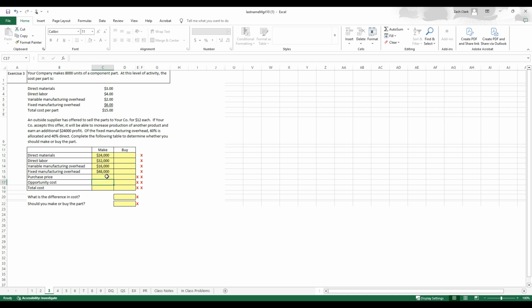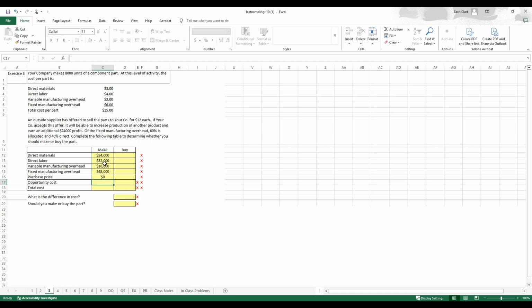And let's see here, purchase price. That's going to just be in the buy column, so we'll put a 0 there for now. Opportunity cost is an impact of where we talk about taking this offer. If we take the offer, we can earn an additional $24,000.